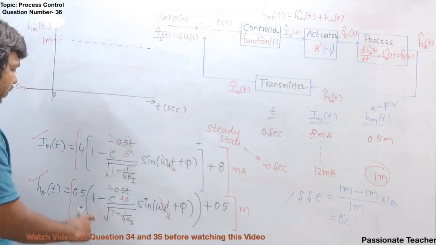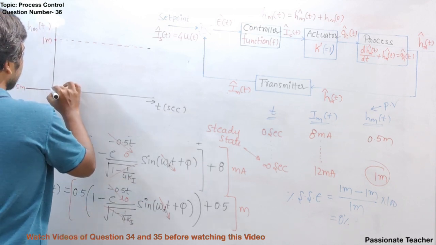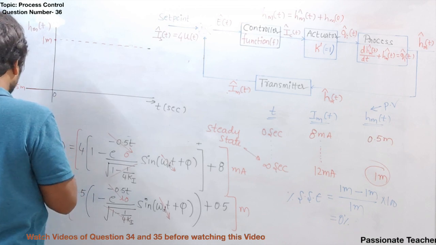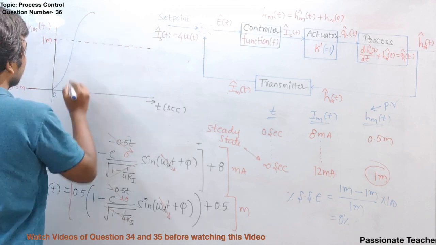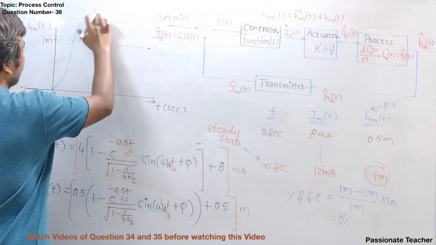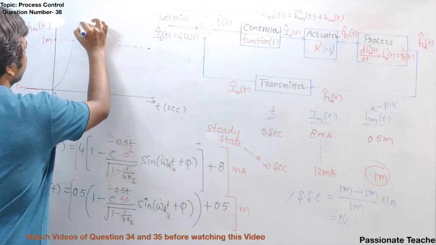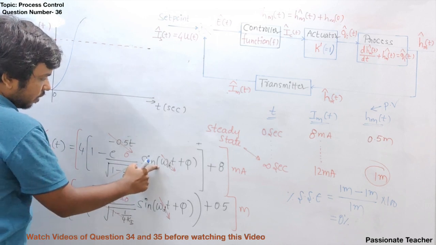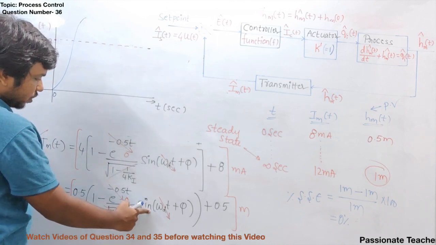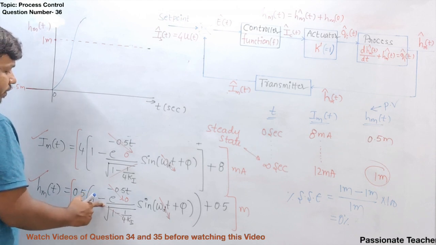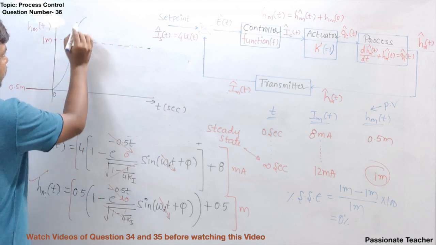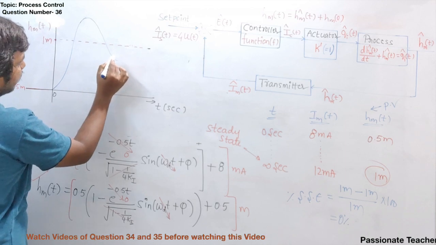So there is a chance here, sometimes the value will be more than 1 meter, and after some time, if it is positive into negative, this whole value positive into negative means negative, 1 minus negative, so it will be less than 0.5 change. So the overall value will be less than this one.